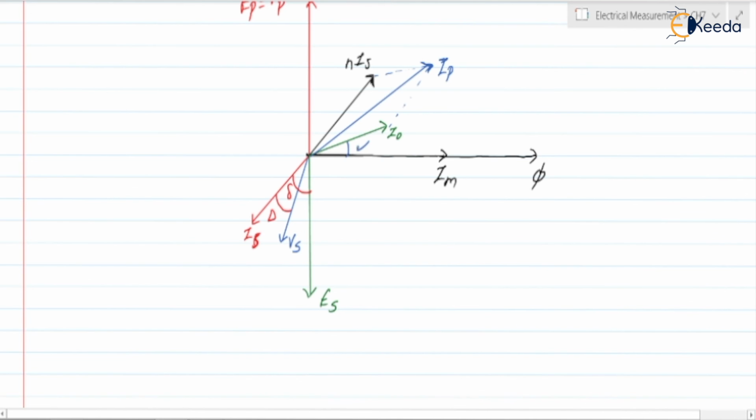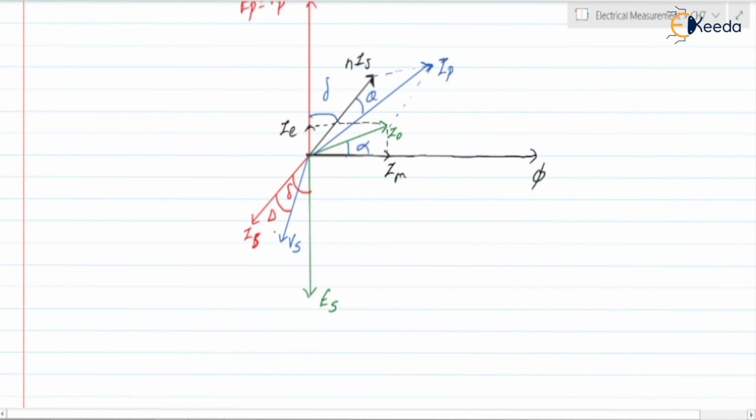This angle is alpha, this angle is theta, and this angle is delta. We already defined. Next, here it will be having Im, and here we will be having IE.